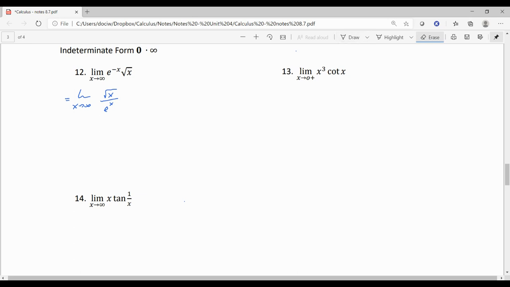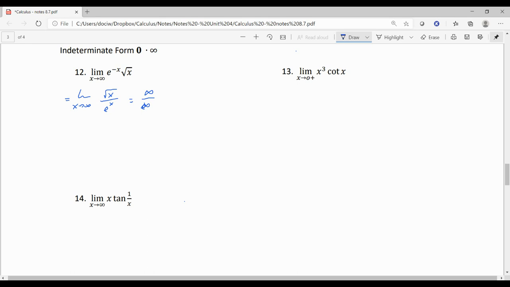In this case, it's easiest to change e to the negative x to dividing by e to the x. So now, as x approaches infinity, the square root of x is getting infinitely larger, and e to the x is getting infinitely larger, and those two things are approaching infinity.